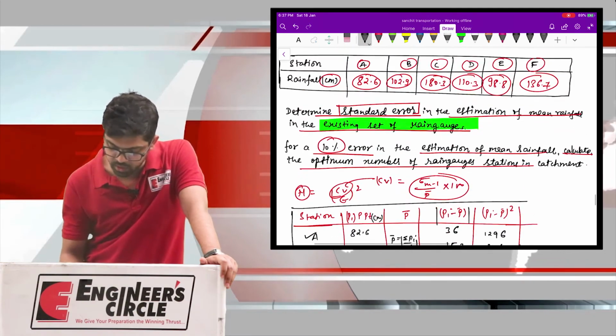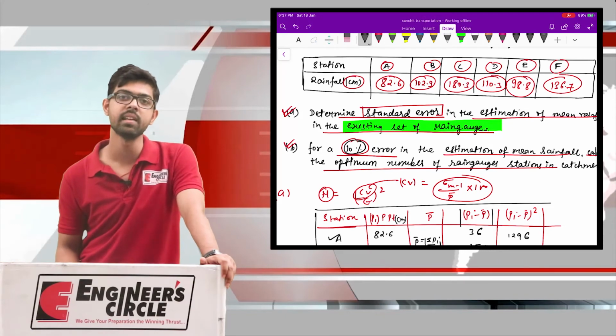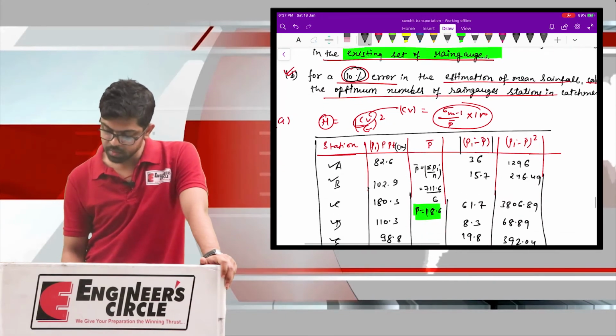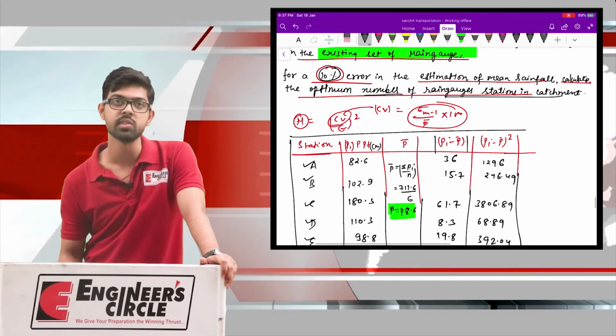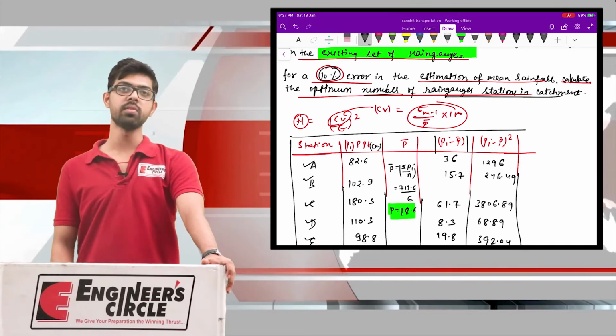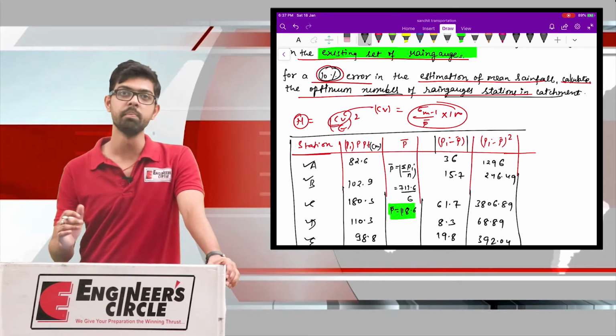Now I am going to consider case B. Case B says for a 10% error, so here the standard error is given as 10%. For the 10% error in the estimation of mean rainfall, calculate the optimum number of rain gauge stations. Here your optimum number of rain gauge stations is not 6. You need to compute what is the value.